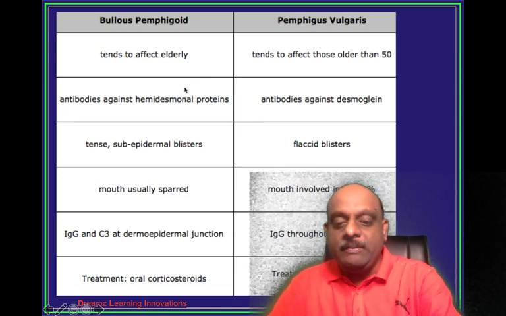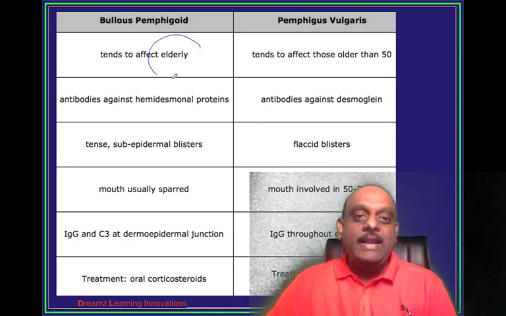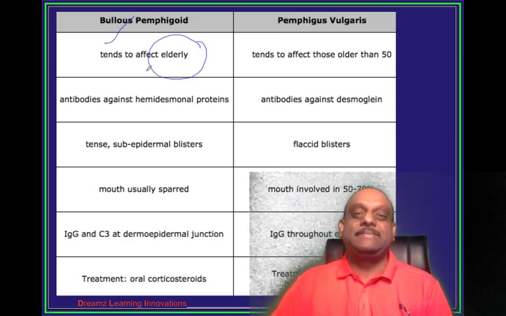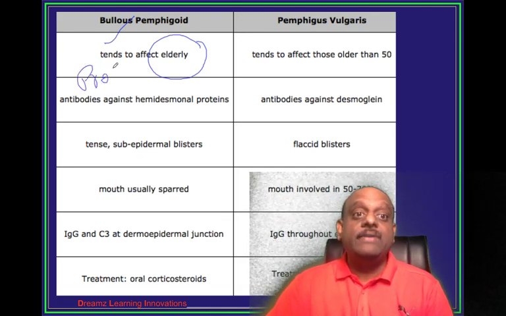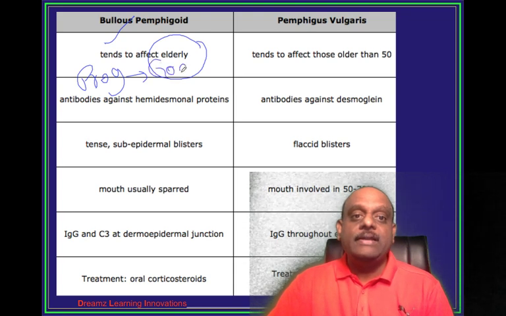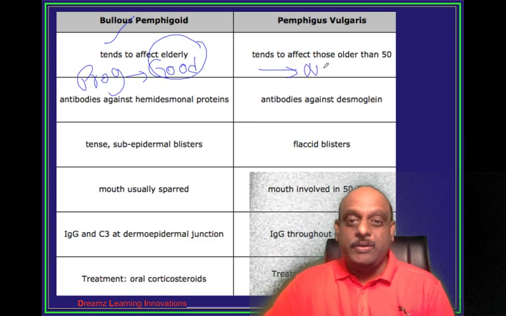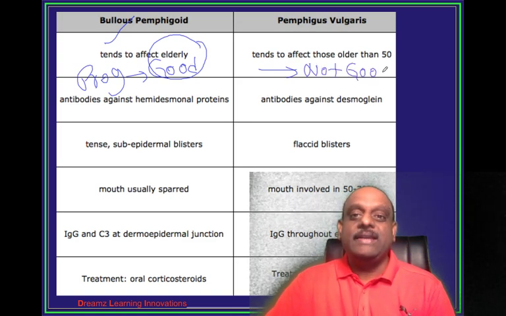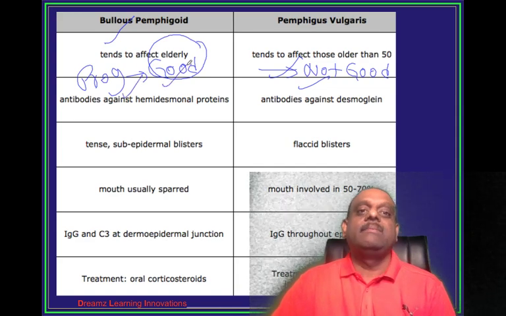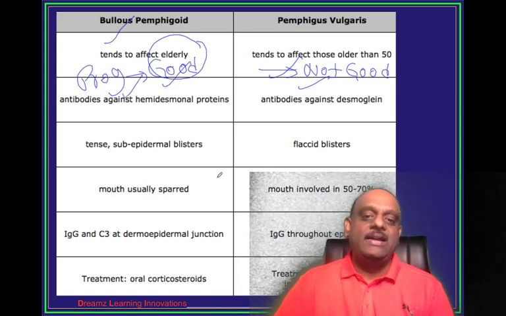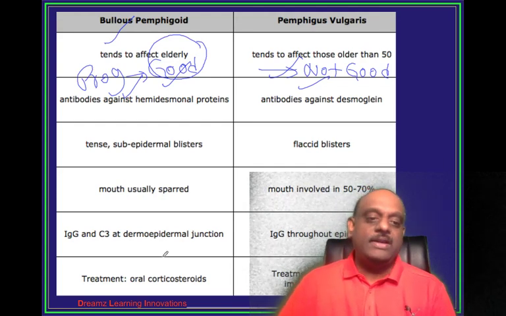Then another important thing you should know. Elderly people में bullous pemphigoid होता, but prognosis of bullous pemphigoid is good, but Pemphigus vulgaris is not good. So that is a thing. Young people are affected, but poor prognosis. Elderly people, but good prognosis. That is a fundamental story.